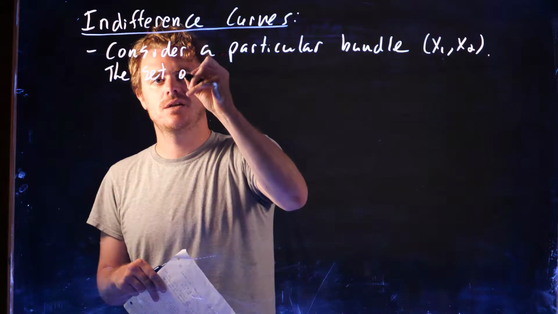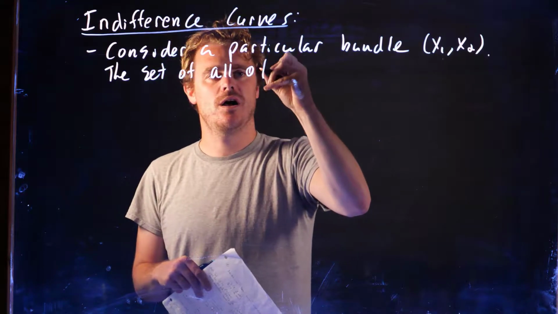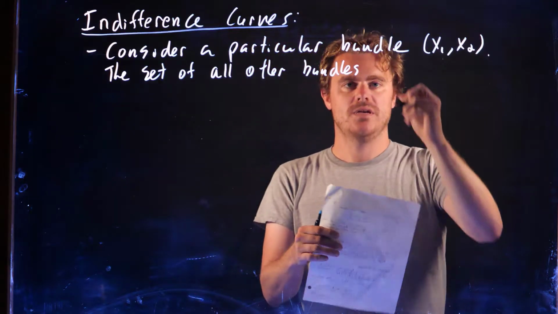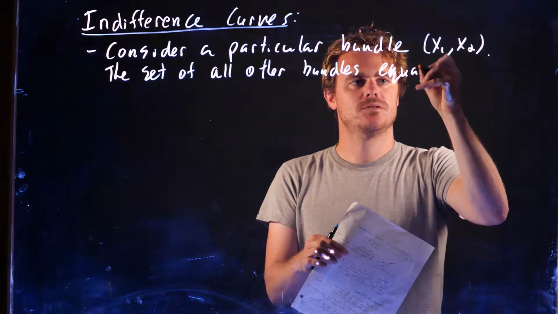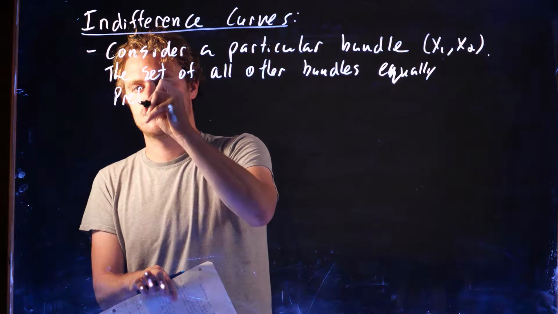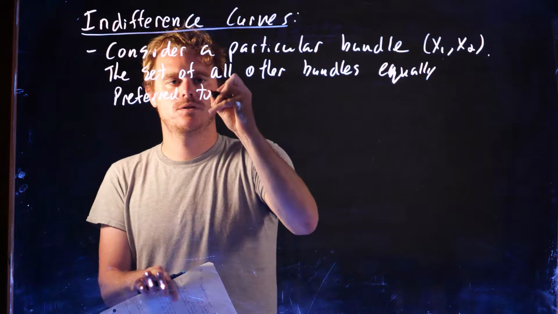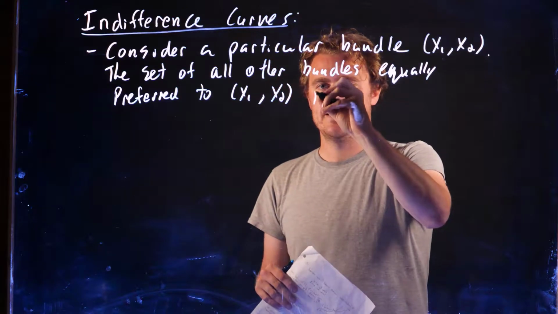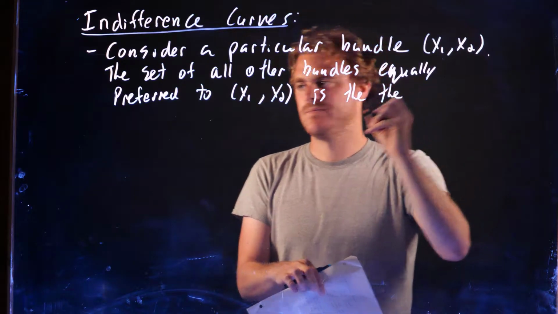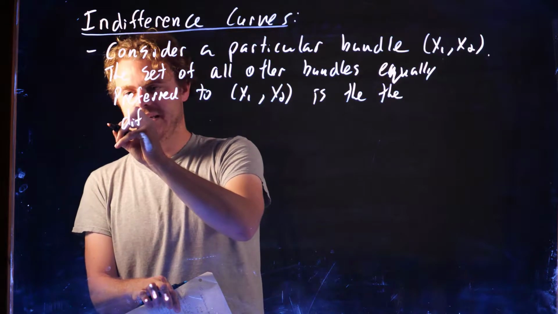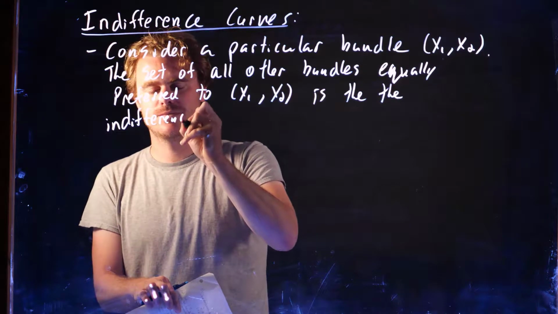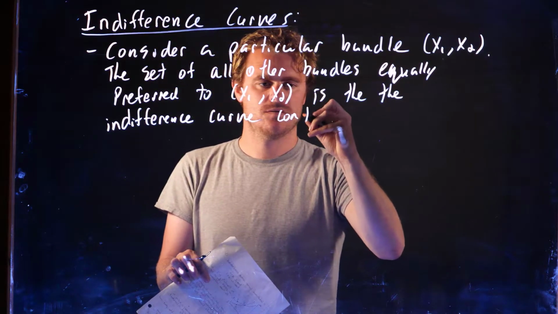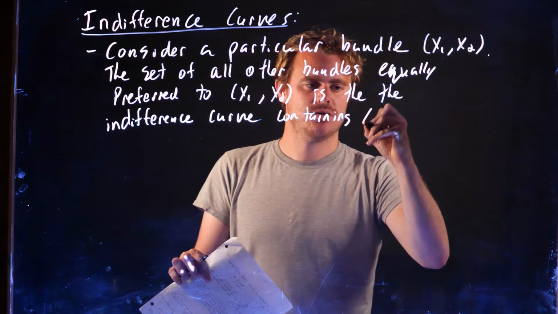The set of all other bundles equally preferred to this consumption bundle X1, X2 is the indifference curve. It's the indifference curve containing X1, X2.